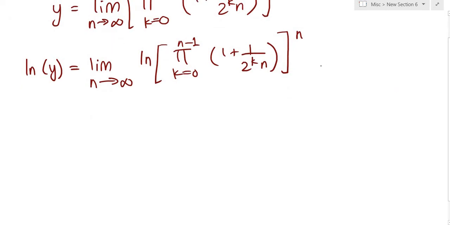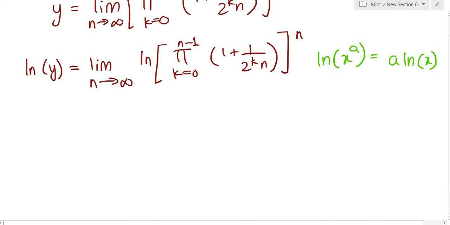Now we can use one property of logarithms. Say we have the natural log of x to the a power. This is nothing but a times the natural log of x. So basically whatever our argument was raised to, we can just bring that number down and multiply it with the logarithm. Now over here, the argument indeed is this product, and that is indeed raised to the nth power, right?